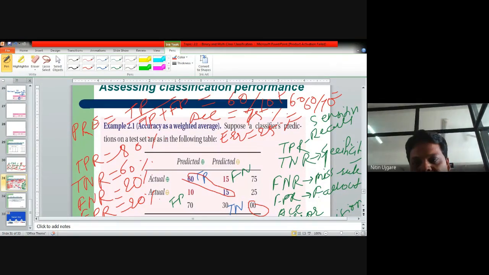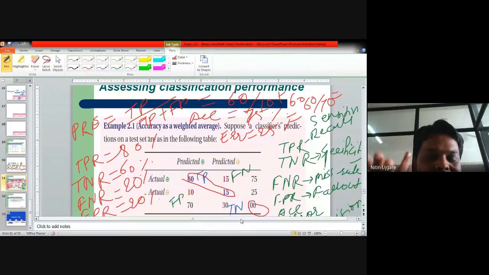F1 rate is 75%. Let me calculate it. No, F1 is not 75%. It is actually 1 divided by 25, so you can calculate it. The value of the F1 measure is 40%. Remember the formula of the F1 measure: 2TP divided by 2TP plus FN plus FP.